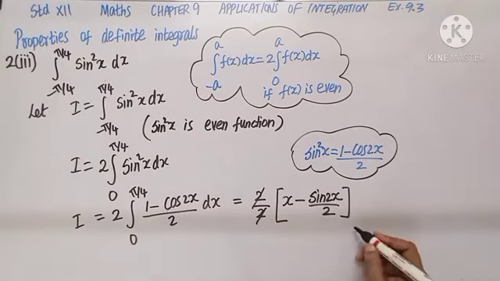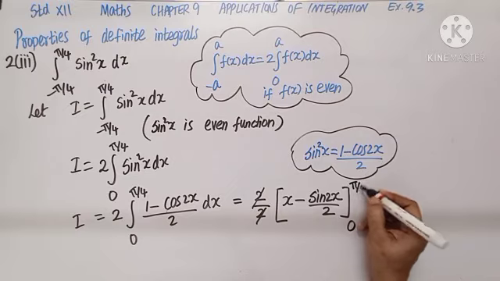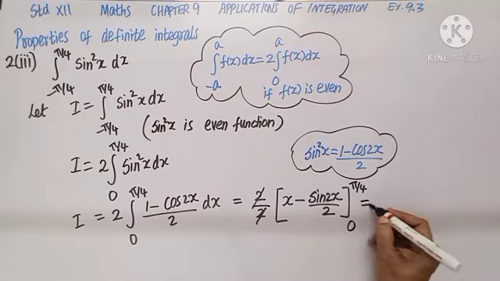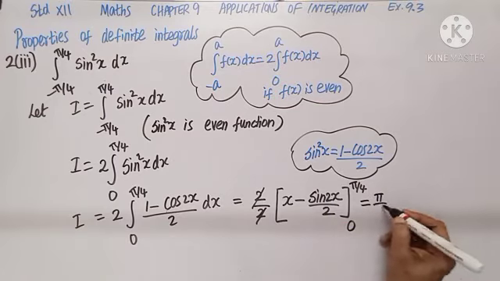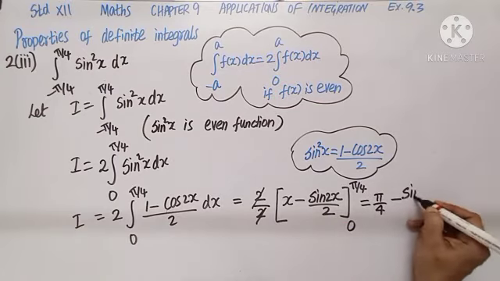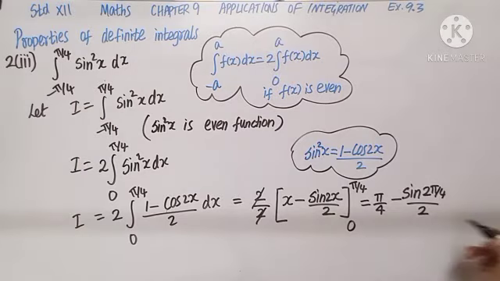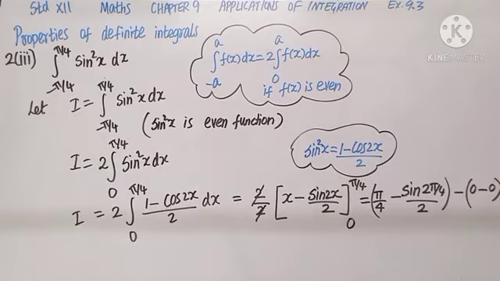The limits are from 0 to pi by 4. Wherever x is coming, put upper limit. Pi by 4 minus sin 2 into pi by 4 by 2. Then lower limit, x is 0, sin 0 is also 0.